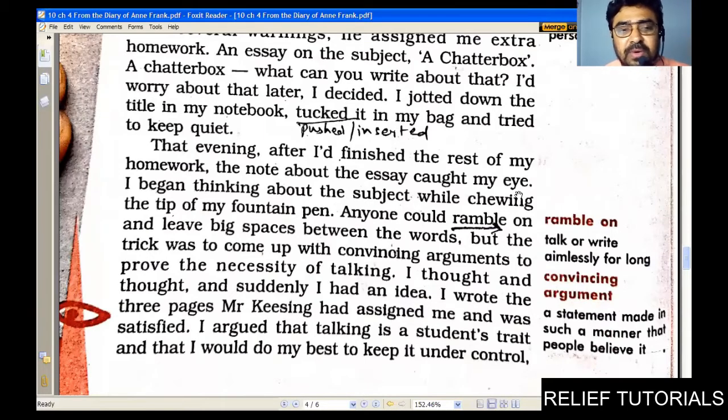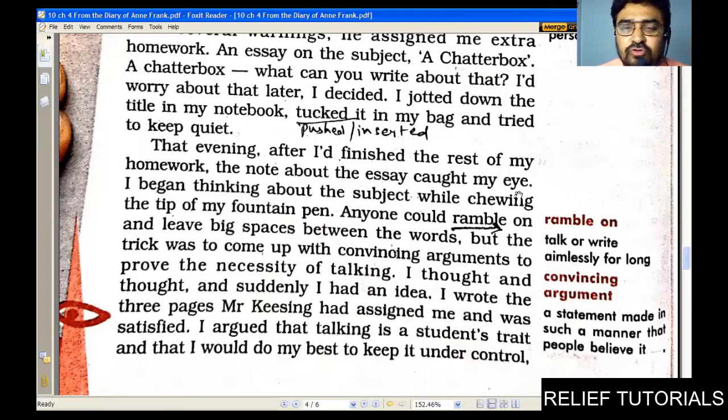"I began thinking about the subject while chewing the tip of my fountain pen." Normally, that's what we do. This is how we write down, and something like that. She's thinking.